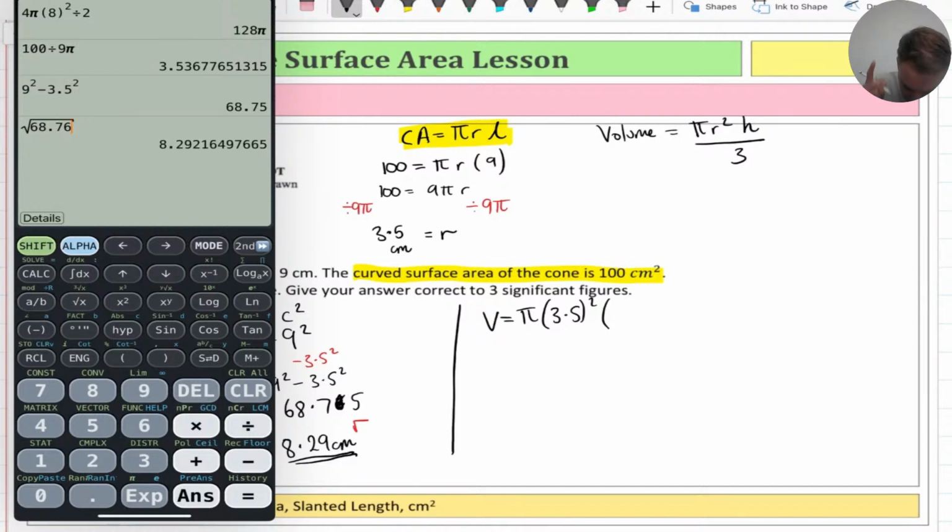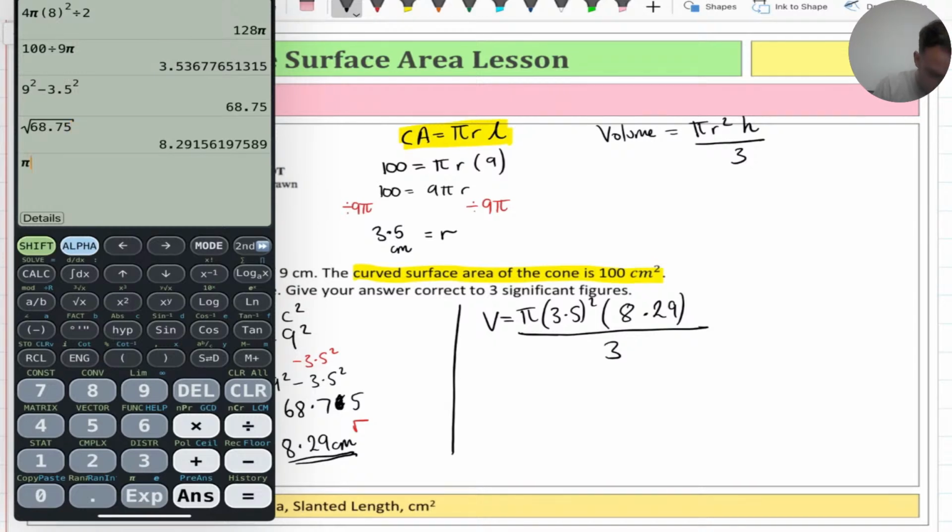The vertical height is 8.29, all divided by 3. So pi r squared times the height divided by 3. Let's work out what that is.